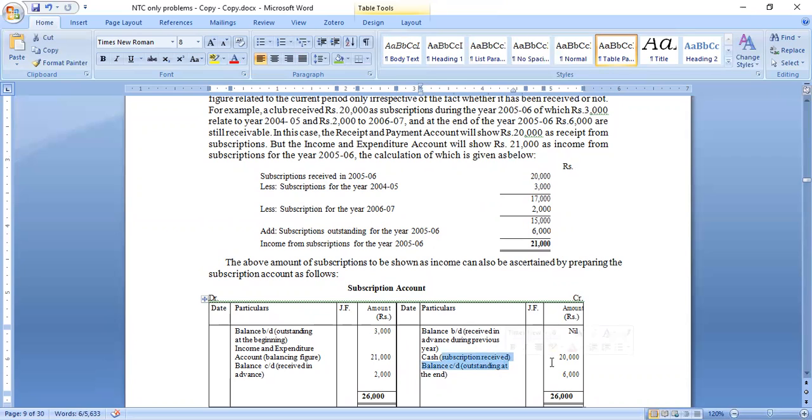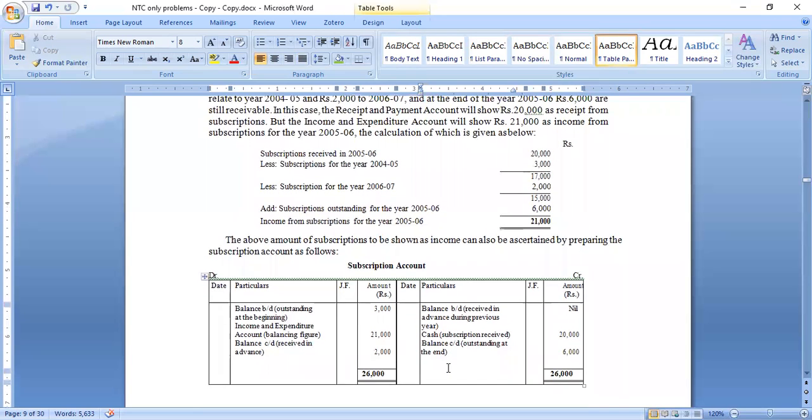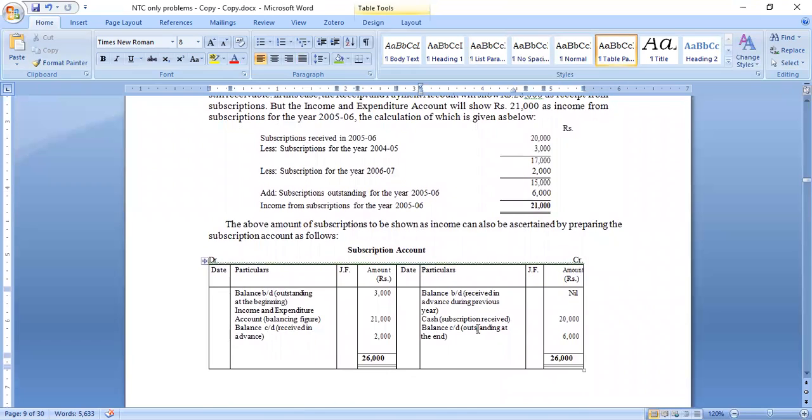So we received 20,000. There is also an outstanding amount that we have to receive, but it belongs to the current year, which is why we mention 6,000 here. The total of these three amounts to 26,000.